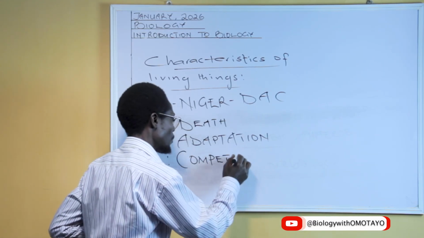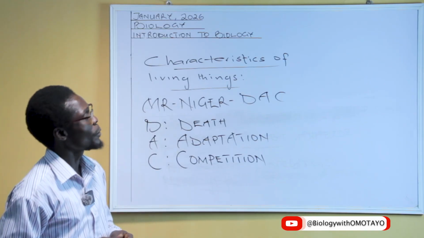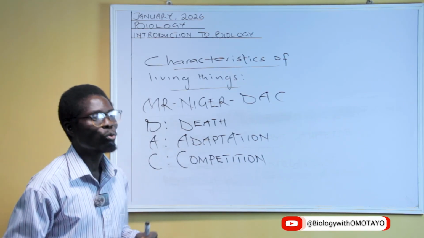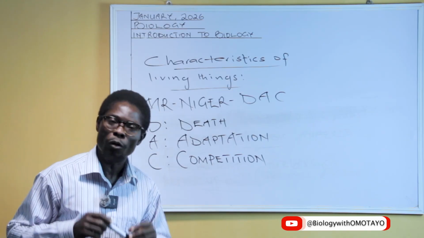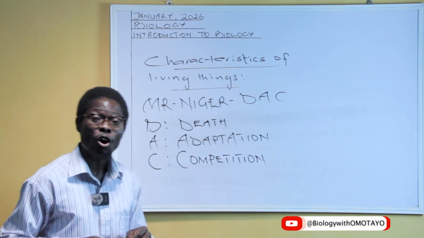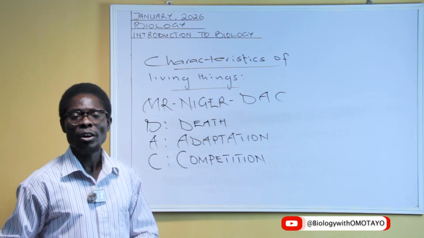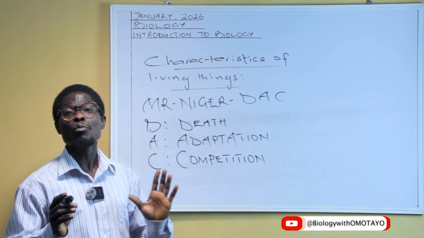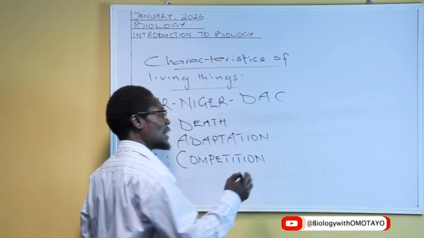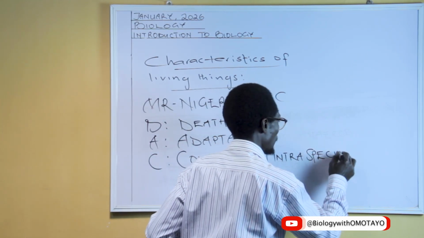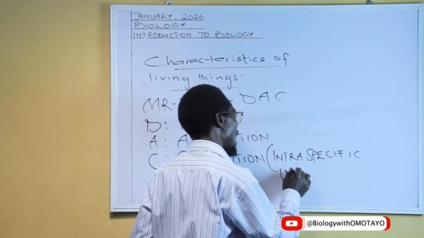For the C, competition. Competition, simply put, is the ability of an organism to struggle for the necessities of life. For competition, we have two main types. We have the intraspecific and the interspecific.